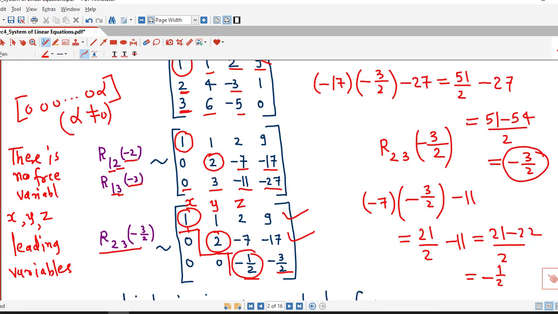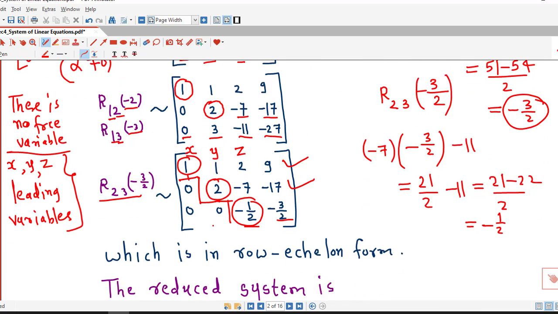So as we know, if there is no free variable, the solution is unique. We can write down the solution by solving the system corresponding to the row echelon form. Because all the variables are leading variables, the given system has a unique solution.